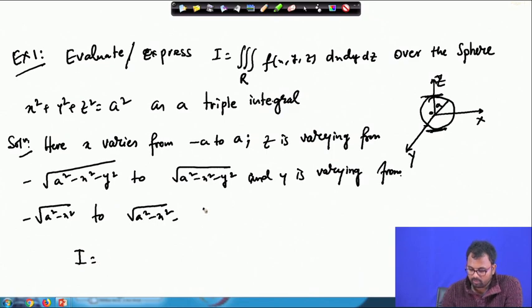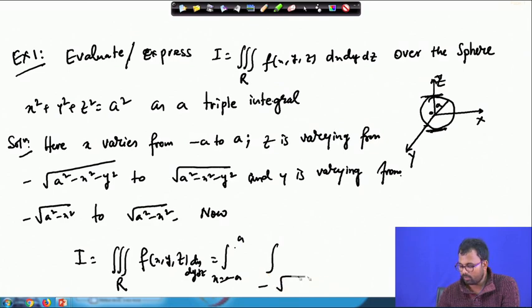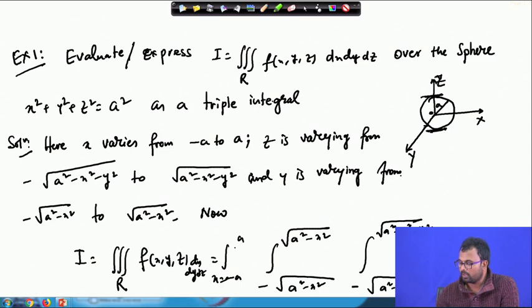So, now we can write that integral I equals the integral over the region R of f(x, y, z), which is basically dx dy dz, with x running from minus a to plus a, y running from minus square root of a square minus x square to plus square root of a square minus x square, and z running from minus square root of a square minus x square minus y square to plus square root of a square minus x square minus y square, f(x, y, z) dx dy dz.